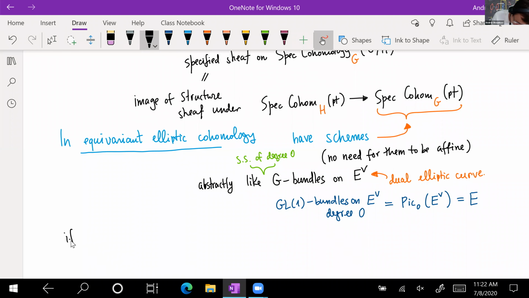And so here I ask you for forgiveness now and for forgiveness in the future. I use the same letters to represent compact groups or complex reductive groups.